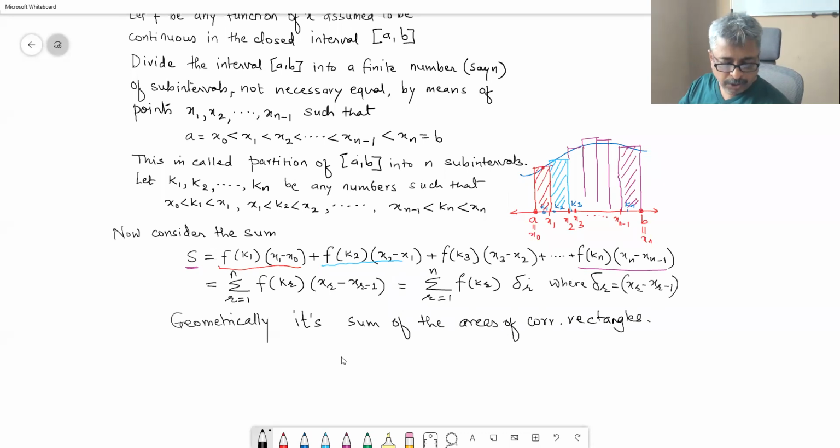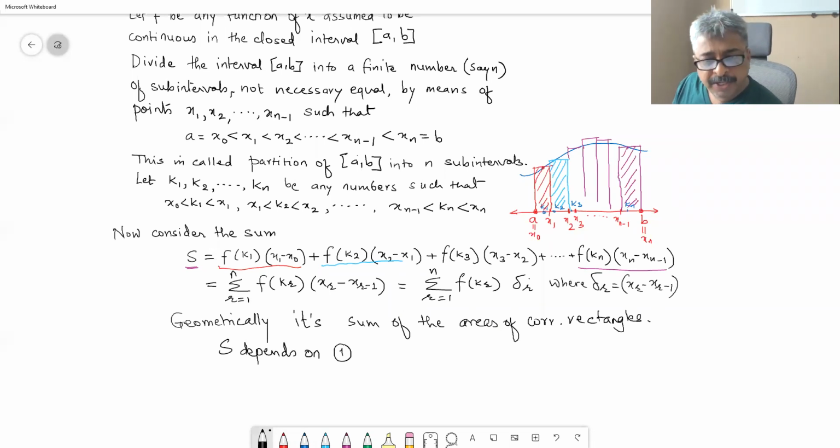Okay. Now the definition. So on which parameters will the S depend? S depends on, number one, the number of subintervals, that is n.